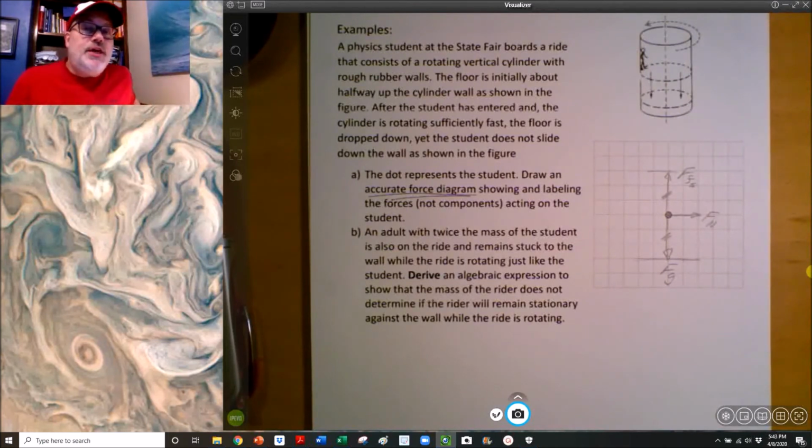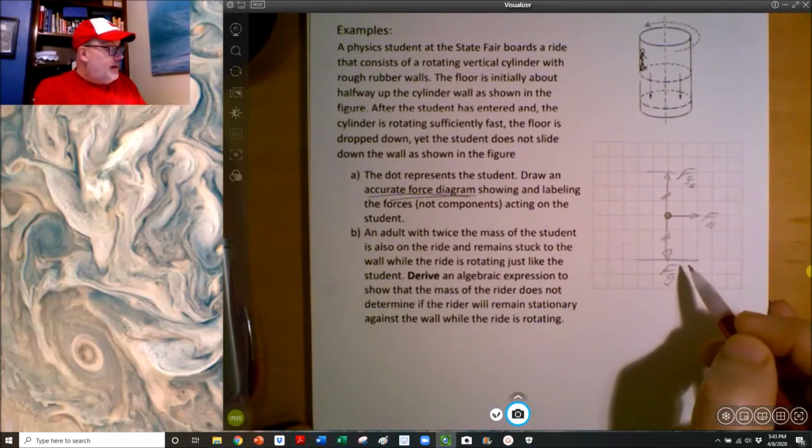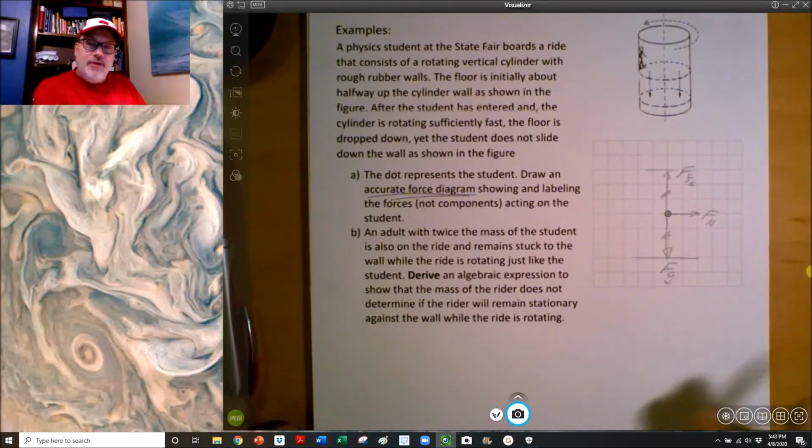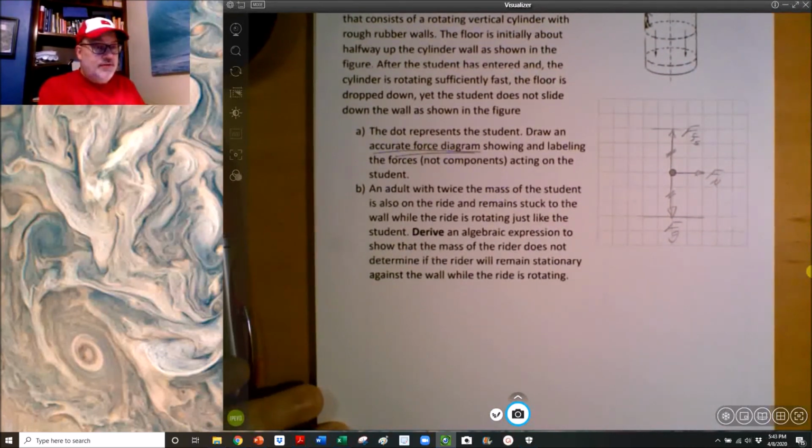Okay, this is a QQT type problem, a qualitative quantitative transition problem, where they ask you some qualitative questions that do not involve any kind of math, and then some quantitative that involve math. Notice that this math is symbolic in nature. That's typical. So get used to deriving equations.